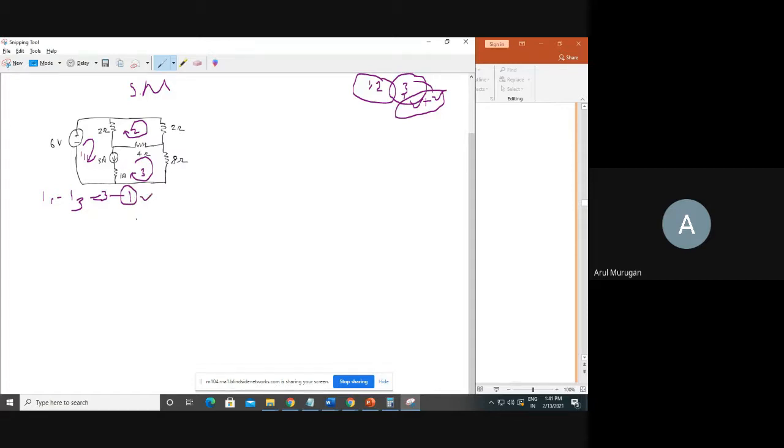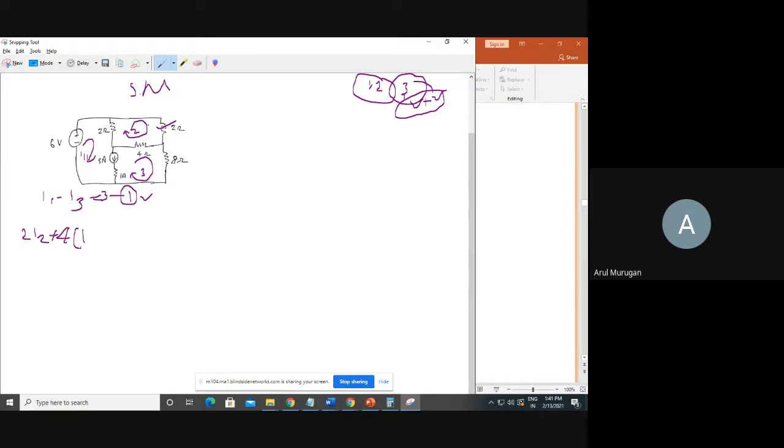Then the second equation, what are you going to do? This loop, do you change anything? No. So this loop is no change. So write it on the second loop. So what is it? 2 I2. Then next one, this 4 is there. Plus sign, you will write plus 4, open the bracket, I2. Why? Because I'm standing here.